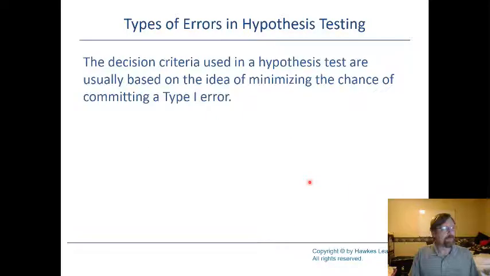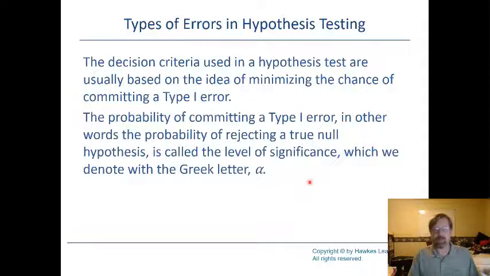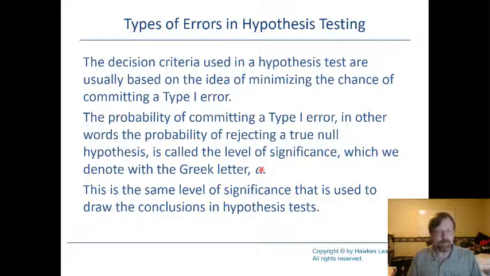As I said, our decision criteria, our alpha, is the idea of minimizing the chance of committing a type 1 error. The probability of committing a type 1 error is our level of significance. That's the same level of significance we used for drawing conclusions in hypothesis tests.